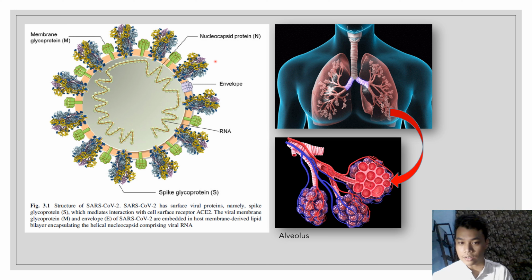So when the virus enters our body from the respiratory system, it goes down from the upper side to the lower side and then goes to the alveolus that has ACE2 receptors, and the virus from there can start replicating and infect another part of the lungs.